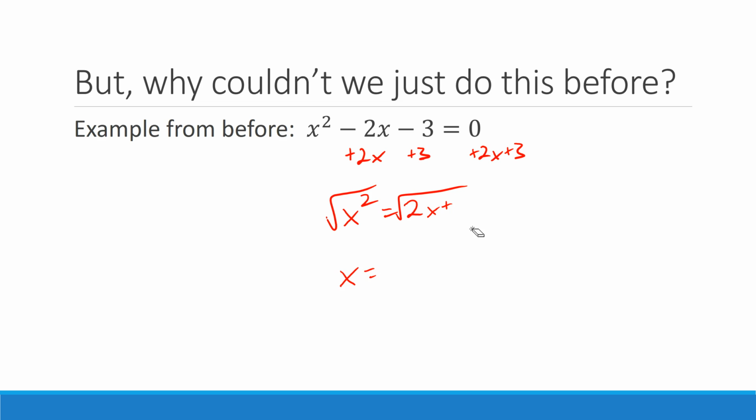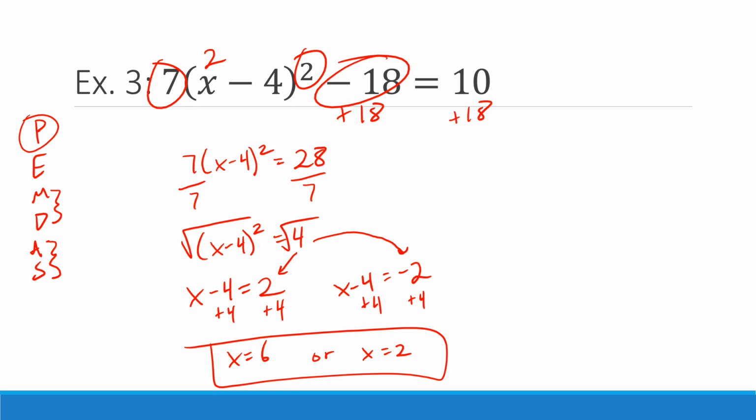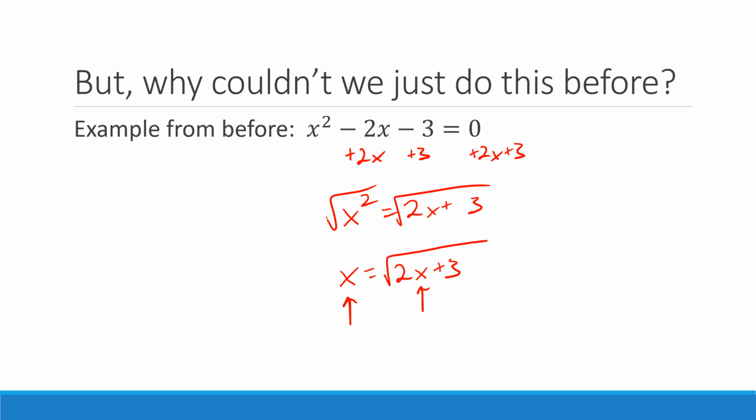Sometimes people only take the square root of 3 and call it a day. That doesn't really make sense. You should be taking the square root of the whole side. But that leaves me with x equals the square root of 2x plus 3. That doesn't make sense. I haven't isolated x. There's an x over here and there's an x over here. I haven't isolated anything. And that's why we can't use this square root technique for problems like this.